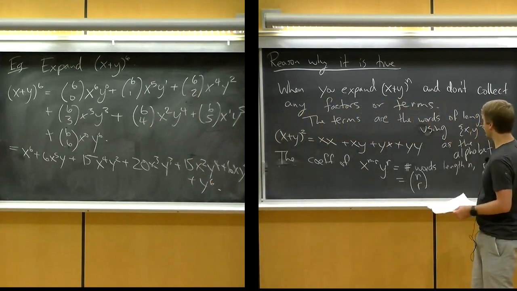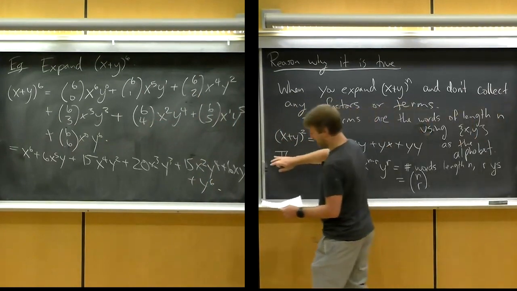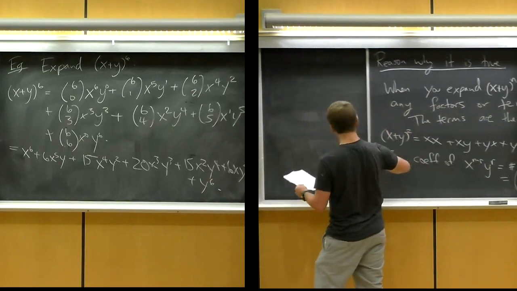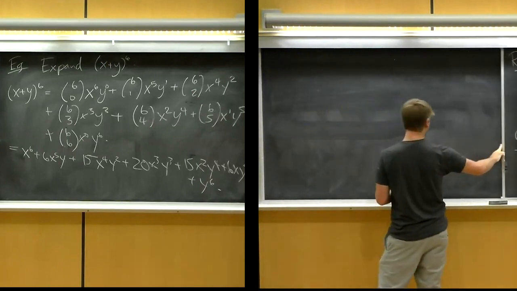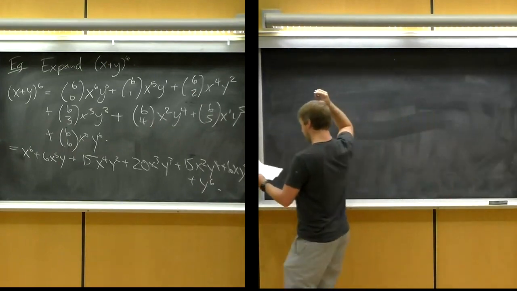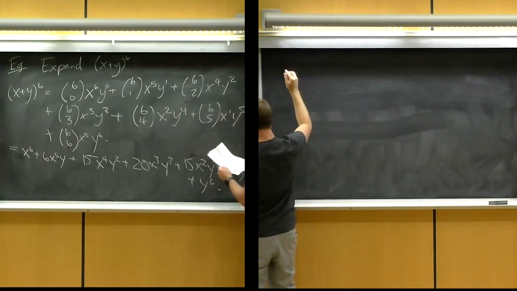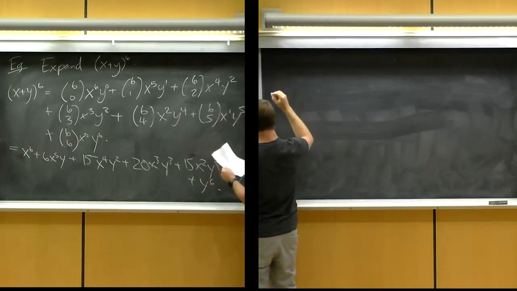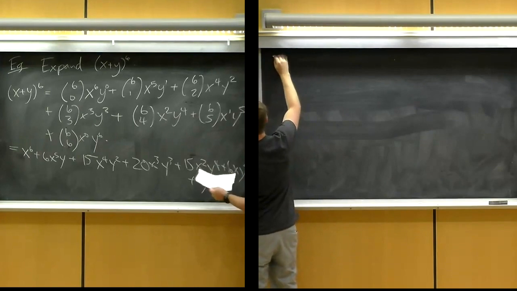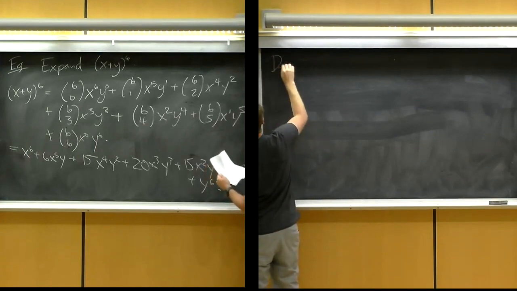Okay. So let's look at more examples. Here's a little bit of a trickier one. Actually, sorry, let's do an easy one first, and then we'll do a trickier one.